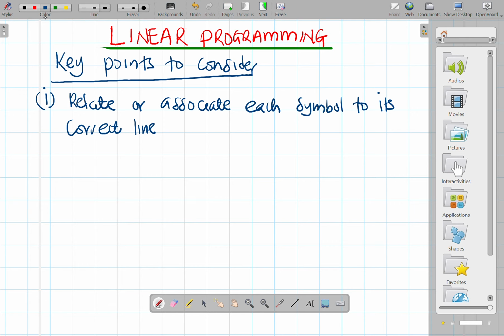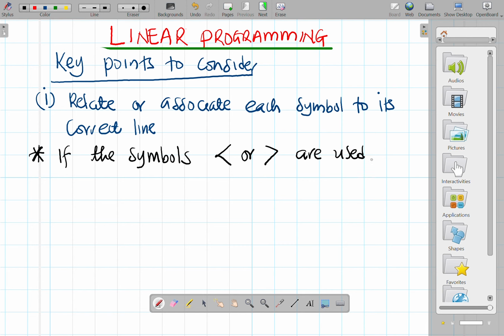That simply means that if the symbols less than or greater than are used, then the line will be dotted.